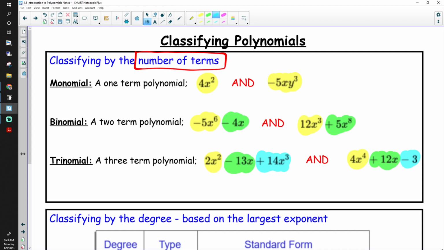Anything after this is just called a polynomial. If I showed you a polynomial with 23 terms, you would just say, hey, look at this 23-term polynomial. It doesn't have a special name. These are the only 3 special ones you need to know and how to classify. 1-term, 2-term, 3-term. Monomial, binomial, trinomial.